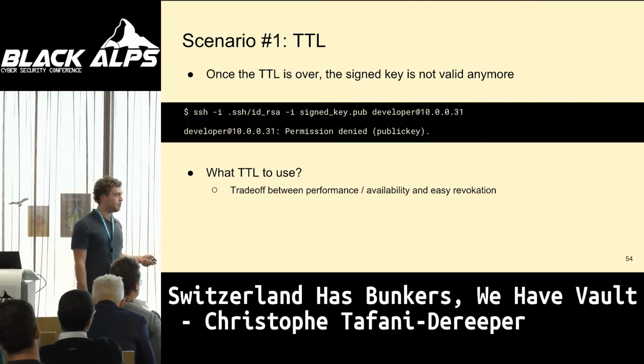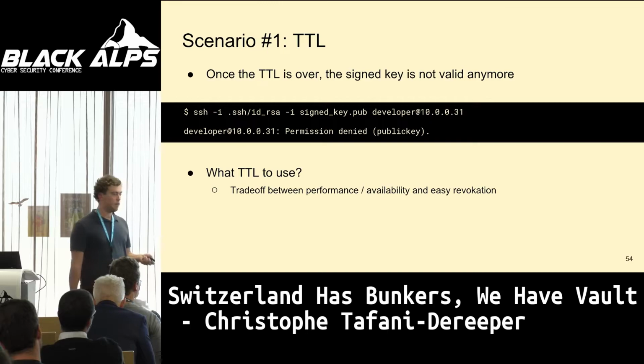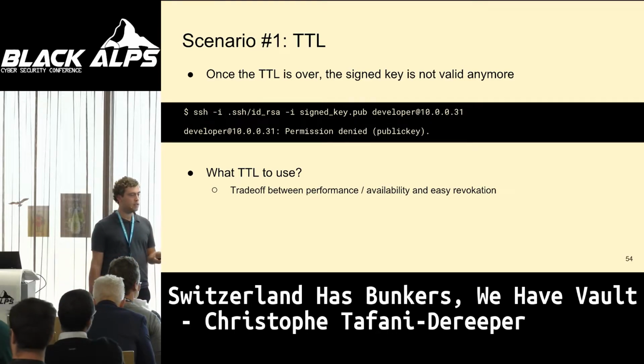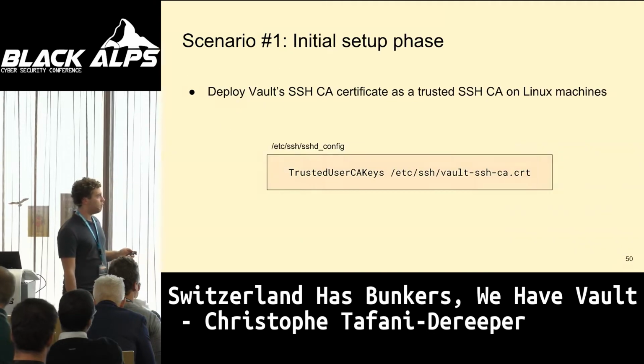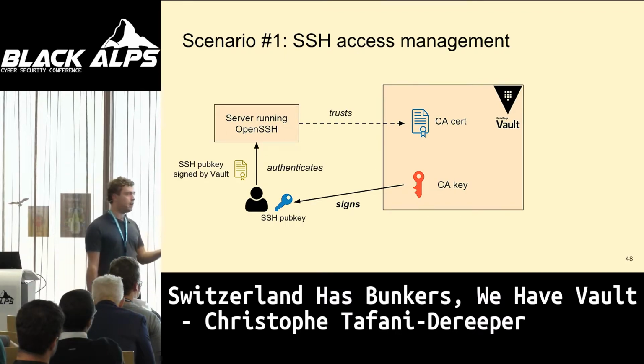And so this raises the question of what TTL you should use. It's always a trade-off between performance, stability, and ease of revocation, because here the signatures are made offline. So you have no easy way to revoke a signature made by Vault. If you use a TTL which is too high, then you cannot revoke easily.